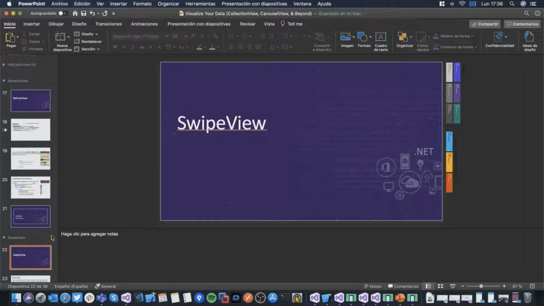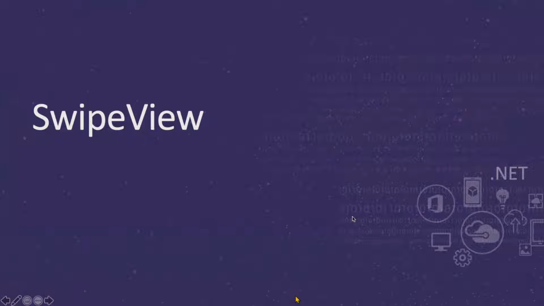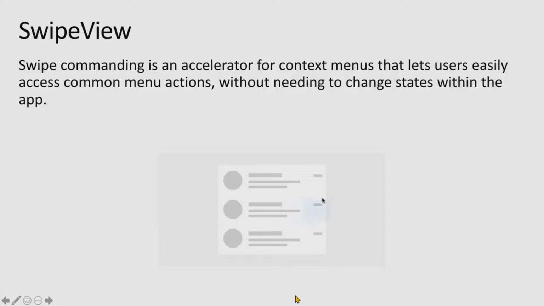And continuing with more controls, because we have a bunch of demos and more stuff to review, let's see the swipe view. In the same way that we have seen before the refresh view, that allowed the pull to refresh gesture without being associated with any specific control, as we have seen before, it works with any scroll content.